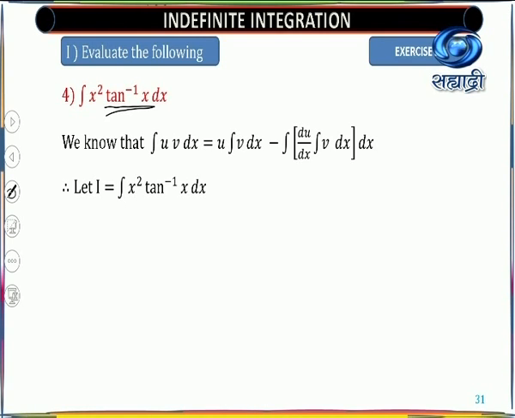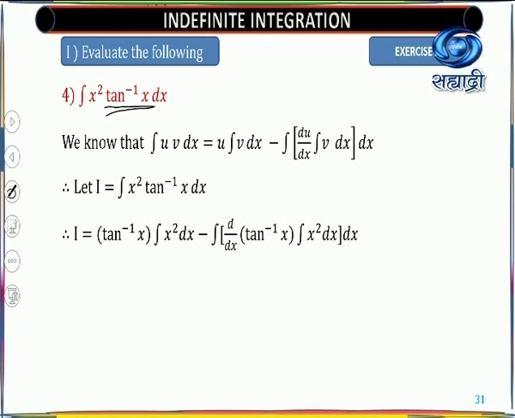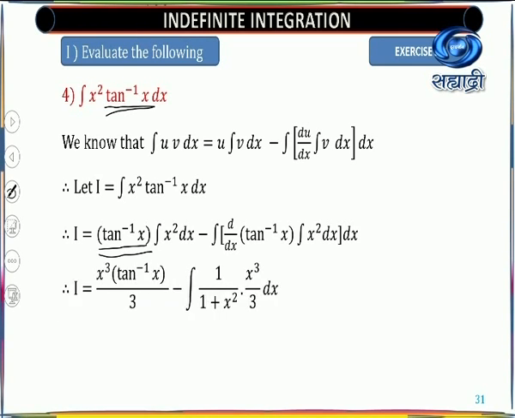So I equals the integration of x square tan inverse x dx. Using the formula, tan inverse x stays as it is, because normally, as I have discussed, the tan inverse function is chosen as the differentiable function. So it is tan inverse x times integral of x square dx minus the integral of the derivative of tan inverse x times the integration of x square dx. Okay, so we'll start with our next step. Now the integration of x square is x cube upon 3.